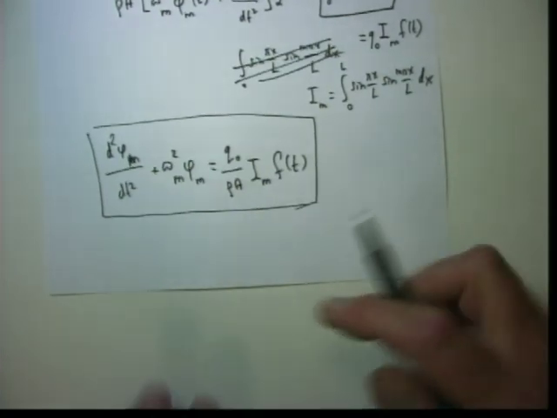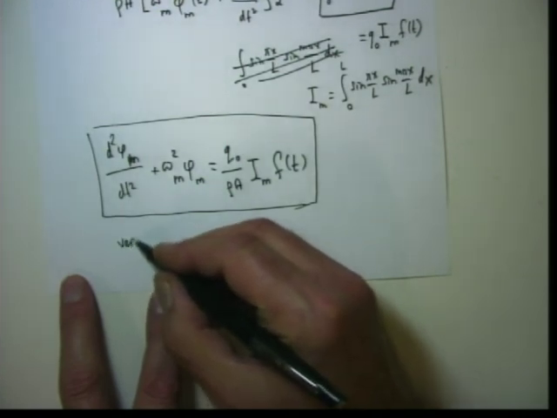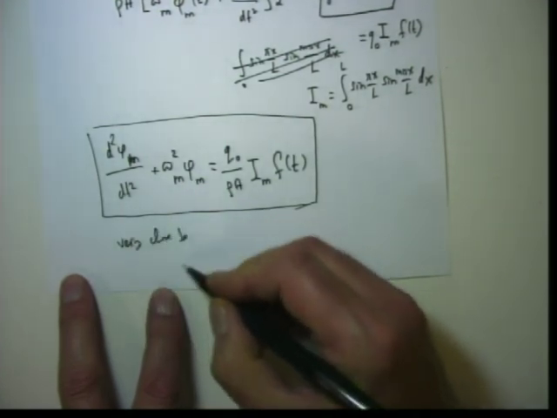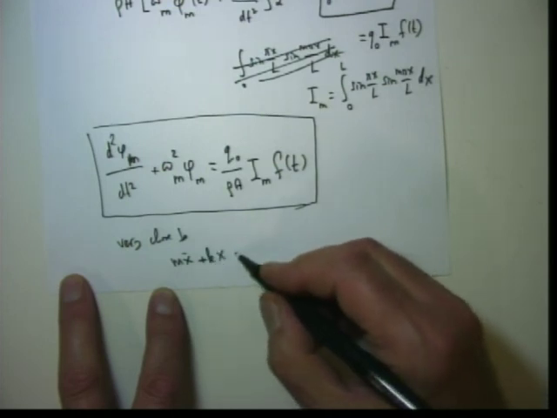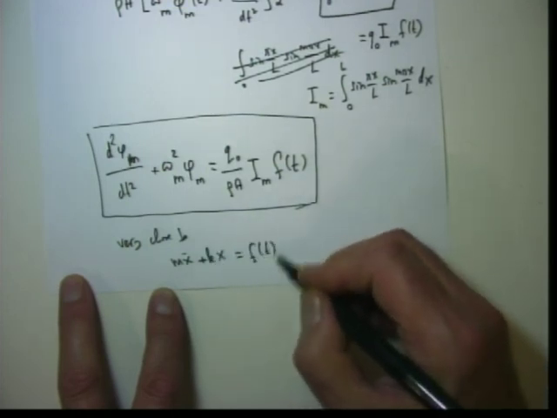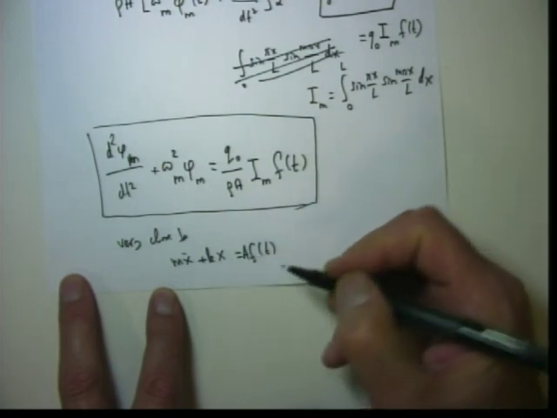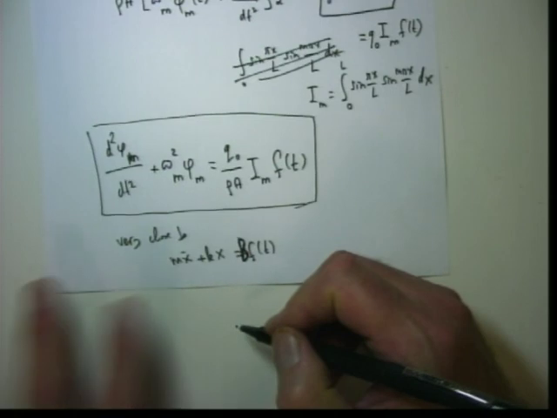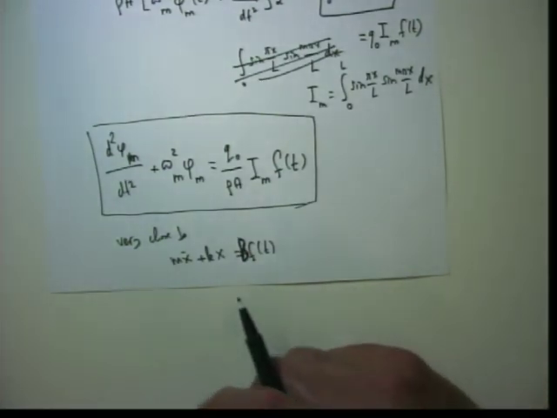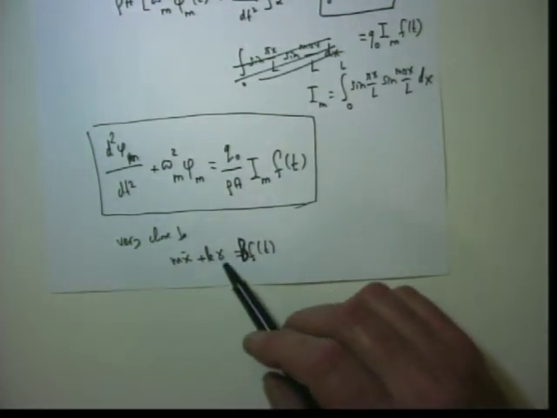Now, what is this equation? This equation is very, very close to m x double dot plus k x equals some coefficient b times f of t. That is second derivative plus kx.